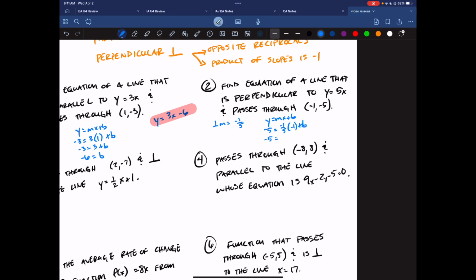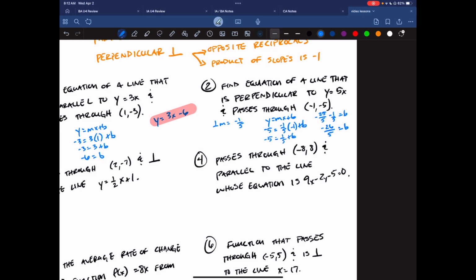This is going to be negative 5 equals positive 1/5 plus b. I'm going to subtract 1/5. Okay, so that's going to be negative 25 over 5, and that's because I'm trying to get common denominators. That's going to be negative 26 over 5. That's b.